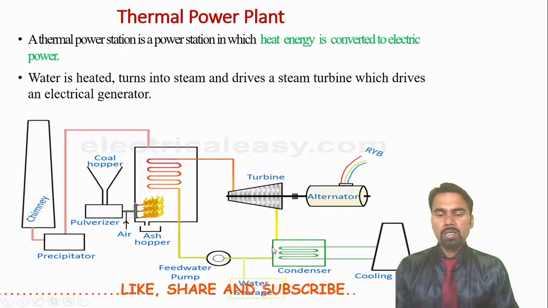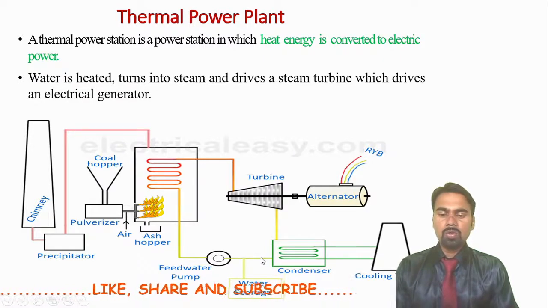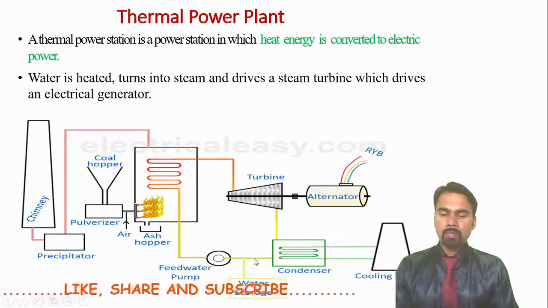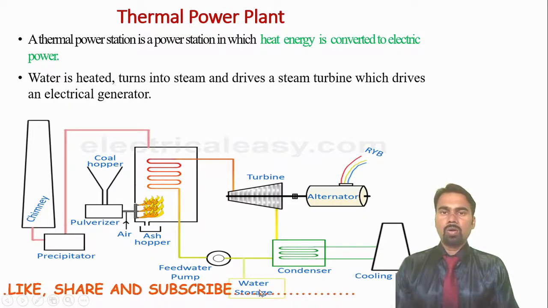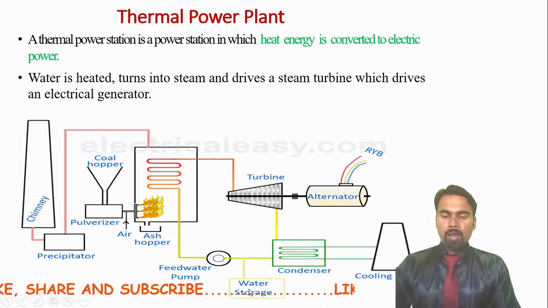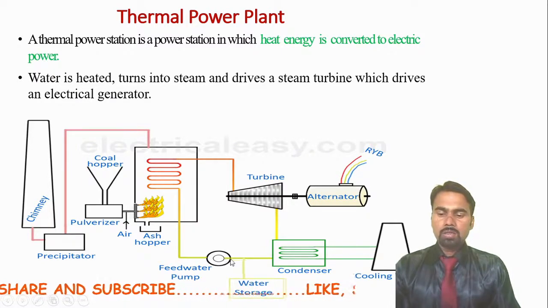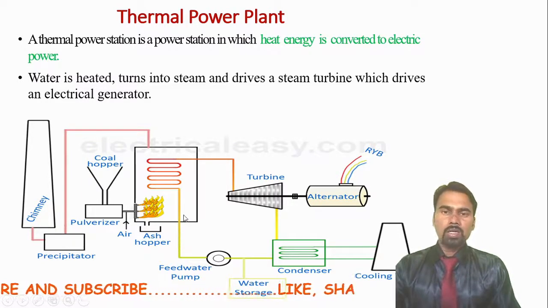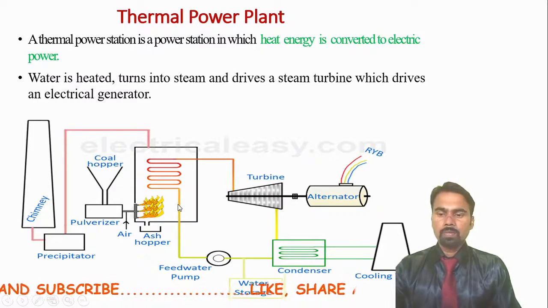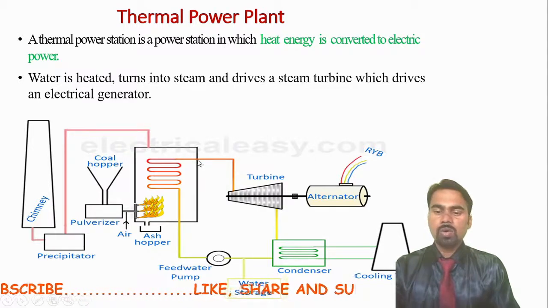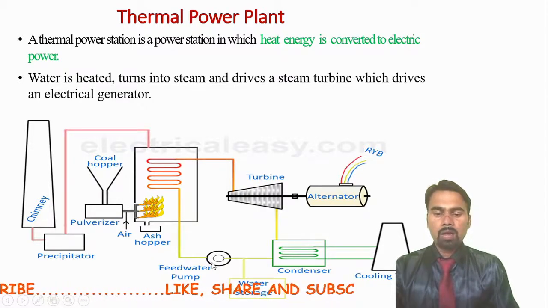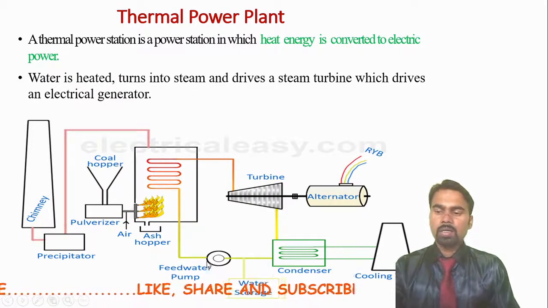Then here the steam is converted into liquid form, that is condensate. This condensate we store in the storage tank or water storage well. By using this feed water pump, we again send it into the boiler, okay, where the conversion of water into steam takes place. So in this way the cycle completes, right?